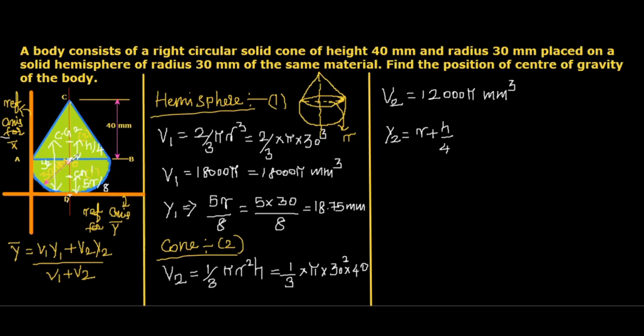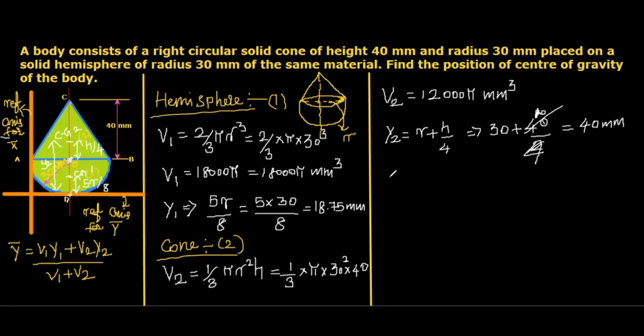Here to here, radius plus h by 4, that is Y2, the distance of center of gravity of the right circular cone, CG2, from the reference axis for y bar calculation. So here the radius is 30 mm plus h, 40 mm, divided by 4. So we will get Y2 equal to 30 plus 10, so we will get 40 mm. Okay, that is Y2 equal to 40 mm.